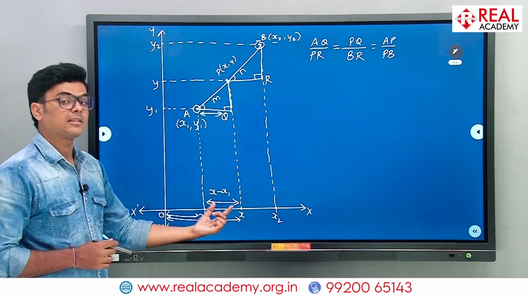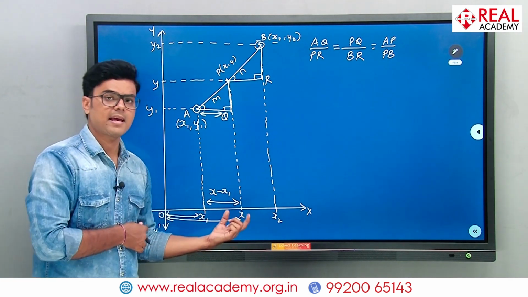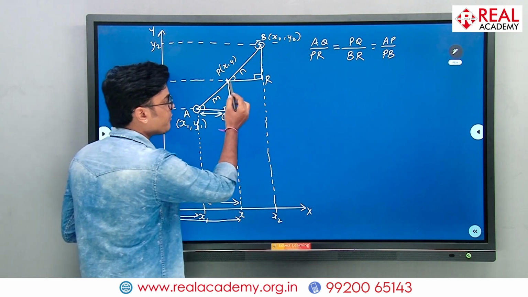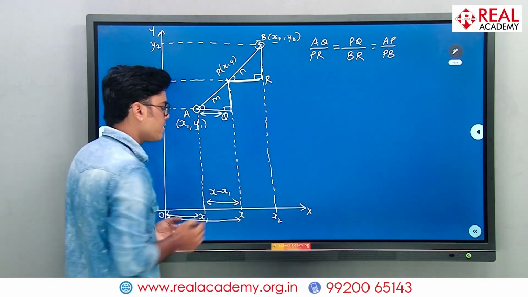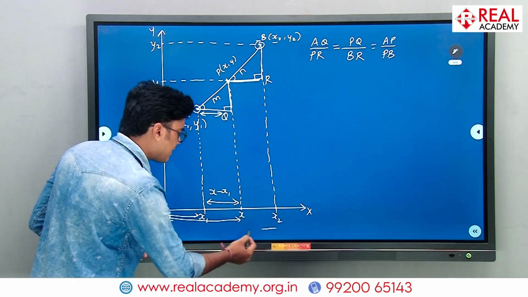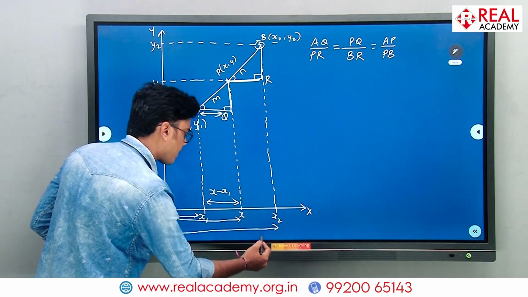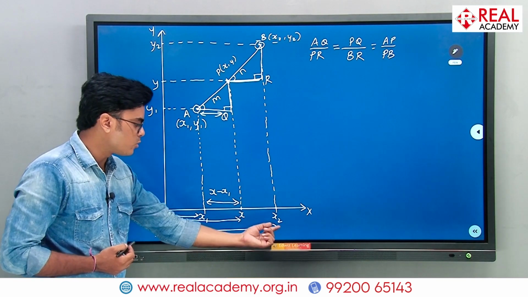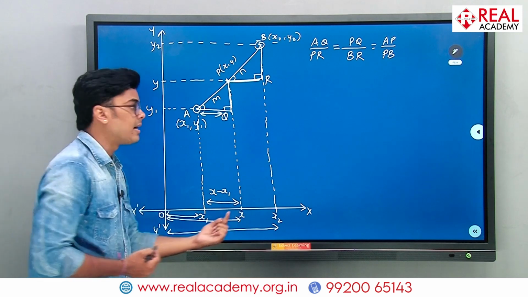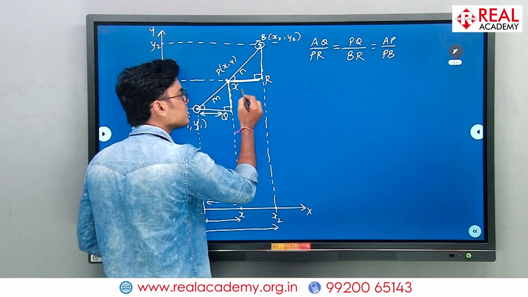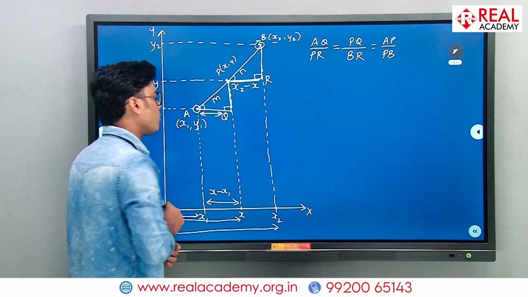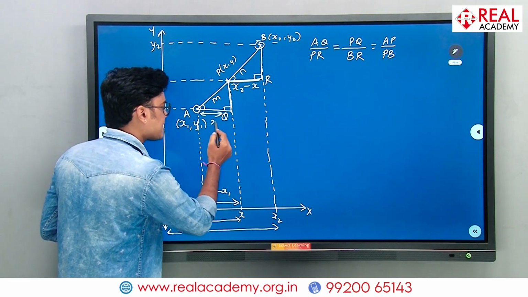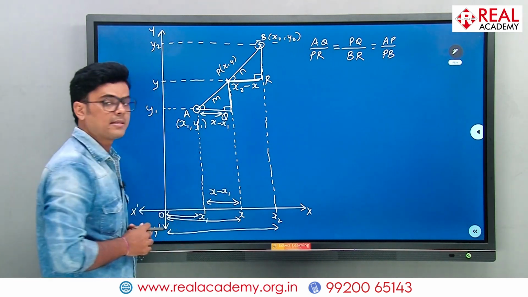This side is nothing but x minus x1. Similarly, if I have to find this side, till here the complete length is x2. From this x2, if I subtract x, I will get this length, that will be x2 minus x. So this is x minus x1. This is x2 minus x.